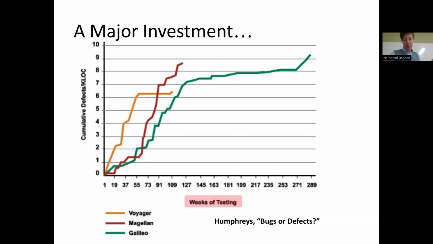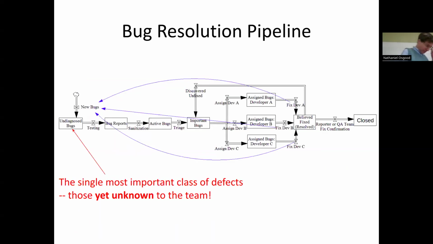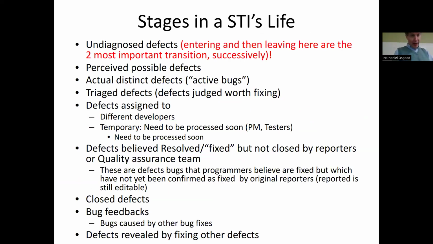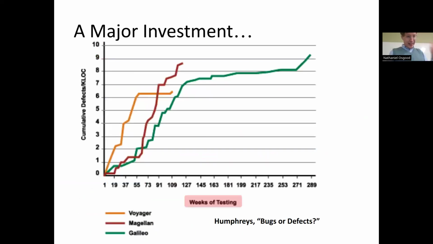Okay, I want to talk about what underlies those. We've been referring to some features of it, but I want to talk about the structured process, the stages that defects go through before they get discovered, and once they get discovered, before they're fixed.